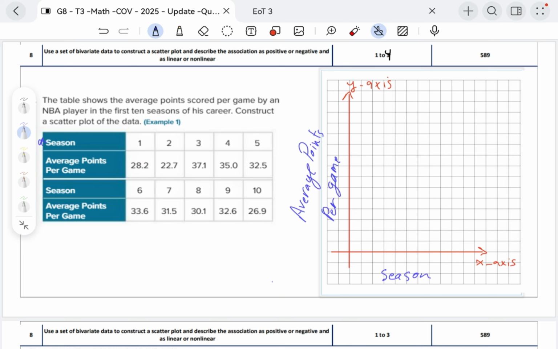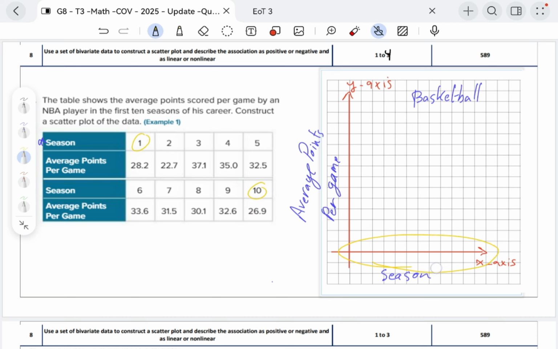And we can give a title for this graph. We can write the name of the player, or we can just write basketball player.